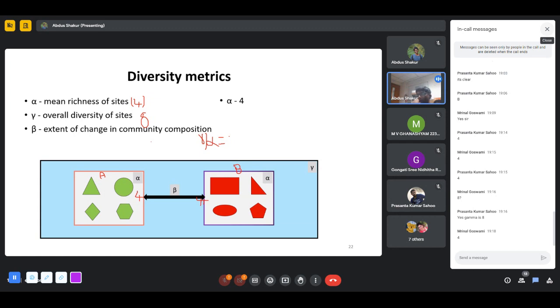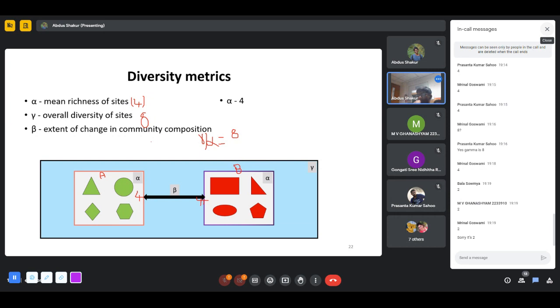How come it's 4? I'm just trying to understand. What is the gamma value? The gamma we have already done, which we said is 8. And alpha is 4.